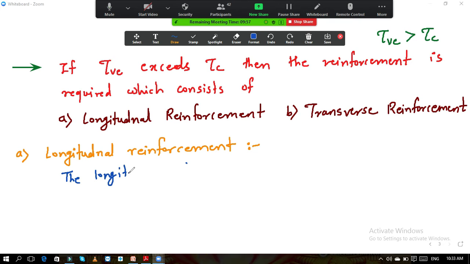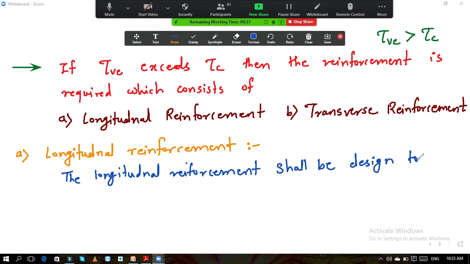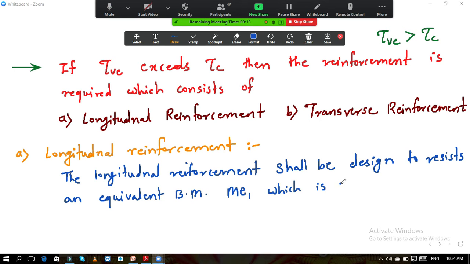The longitudinal reinforcement shall be designed to resist an equivalent bending moment ME1, which is given by the formula ME1 is equal to MU plus MT. I have already explained this to you.